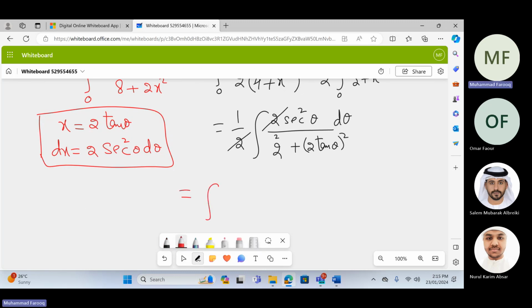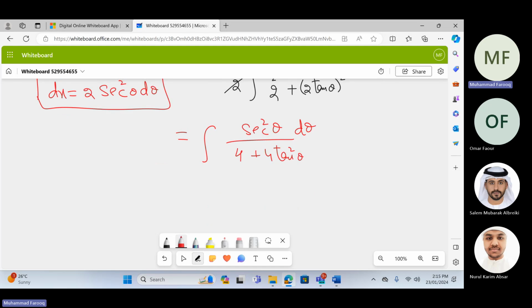Now in the numerator I have secant squared theta, divided by 2 times, 2 to the power of 2 is 4, and tan squared theta, and here d theta. Now take 4 out as a common factor: 1 plus tan squared theta.